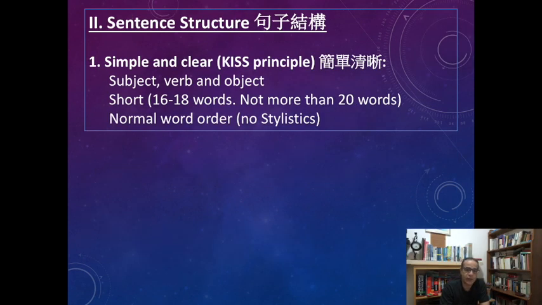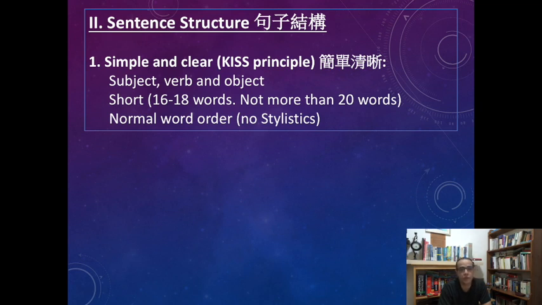About the sentence structure, always use simple and clear. Always use the simple form, the subject, the verb, and the object. Pay attention to the verb and object. And you use always short sentences. The sentence should be in English around 16 to 18 words.